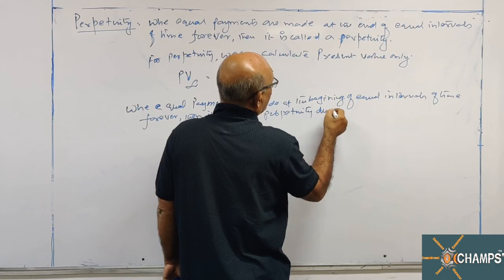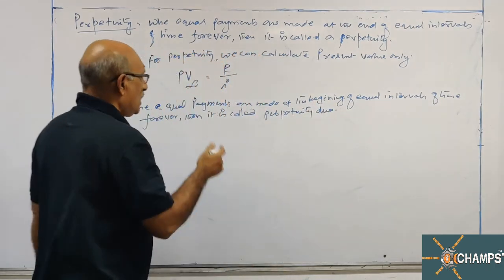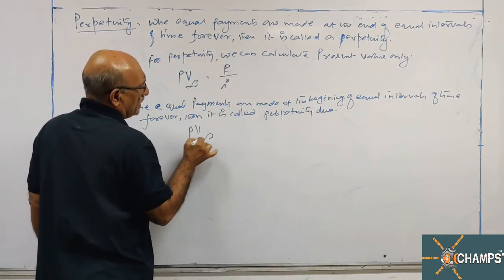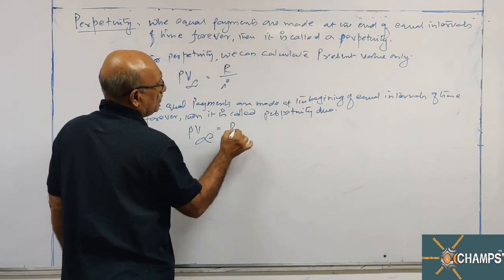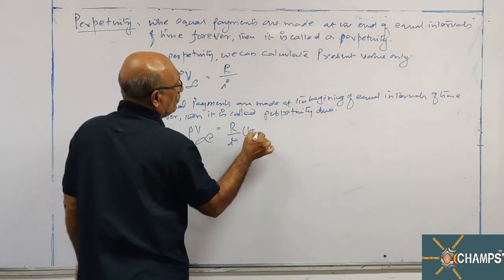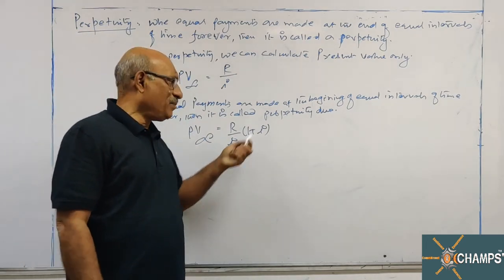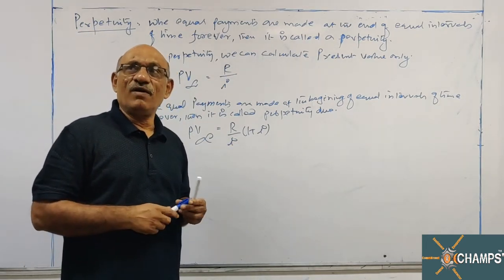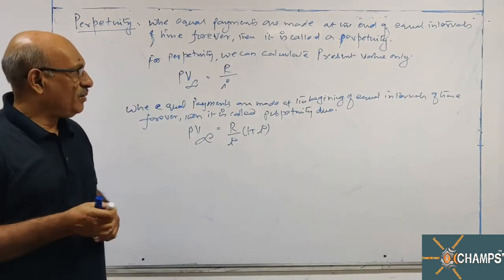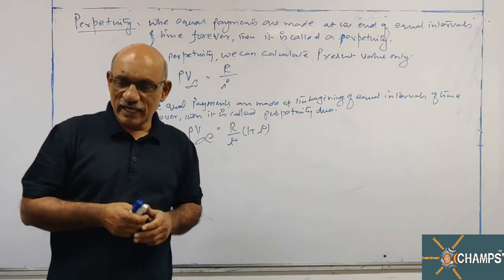So what is the formula for that? Present value of perpetuity due is R by I into (1 plus I). Ordinary perpetuity multiplied with (1 plus I) becomes the formula for due. Okay.